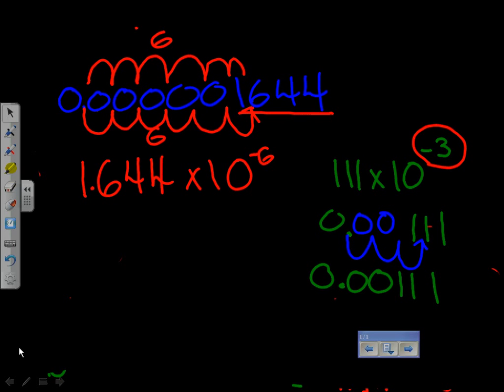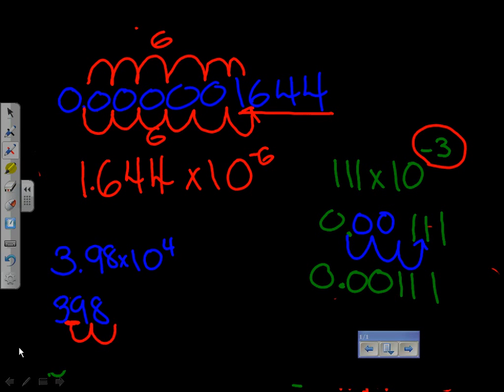So let's give another example and see if we can convert that with a larger number that's greater than that. 3.98 times 10 to the 4th. Now, that should be easy. You remove the decimal point first, and you know that from this point between 3 and 8, you have 4 spots.